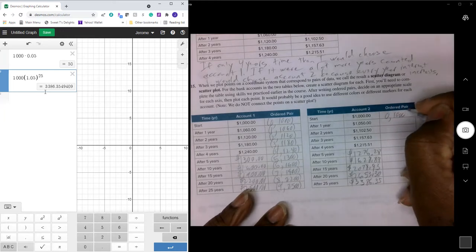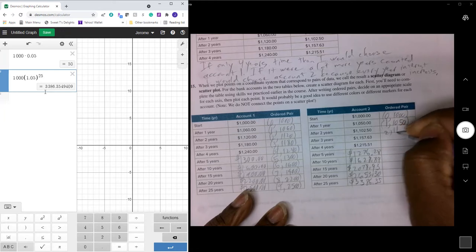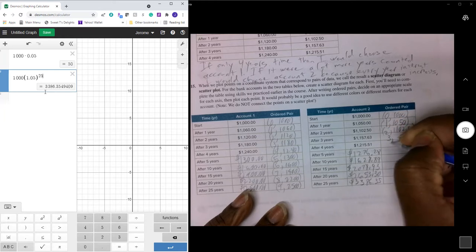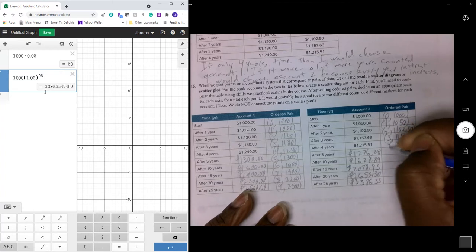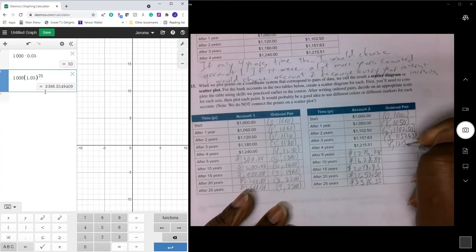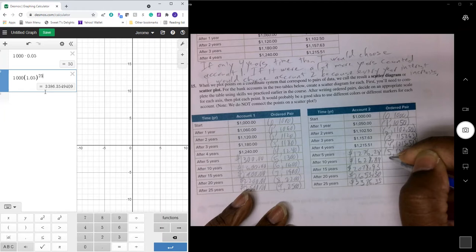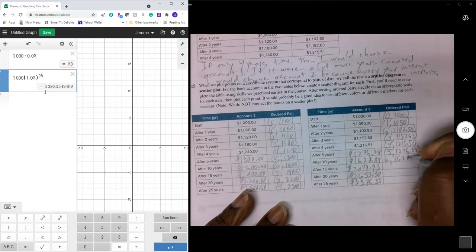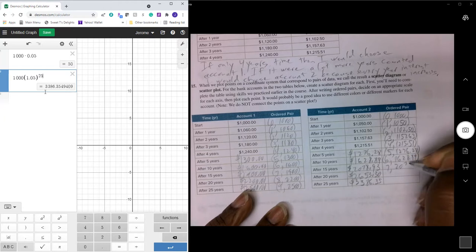So now let's do the ordered pairs. It'll be 0, 1,000. This will be 1, 1,050. 2, 1102.50. Then 3, 1157.63. 4, 1215.51. 5, 1276.28. 6, 1628.89. 7, 2, oh, you know what?